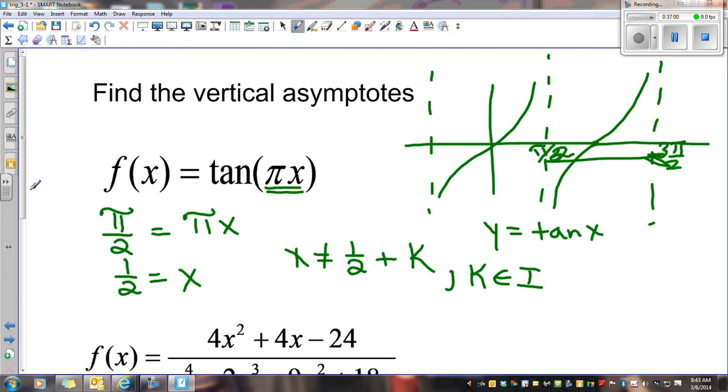The only problem is this one already has the pi in it. So we have to figure out how am I gonna get the 1/2 in there? Then how am I gonna get 3 halves in there? And how am I gonna get 5 halves in there? Because you're telling me the places, but you're telling me for that one. That's the difference between what you were telling me.